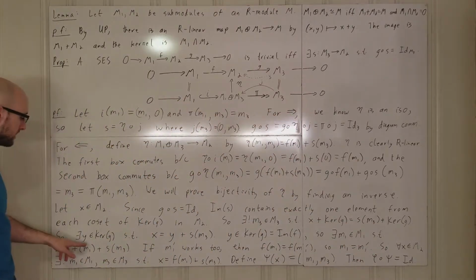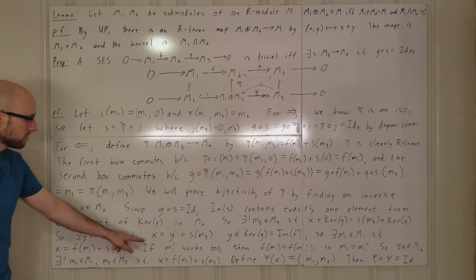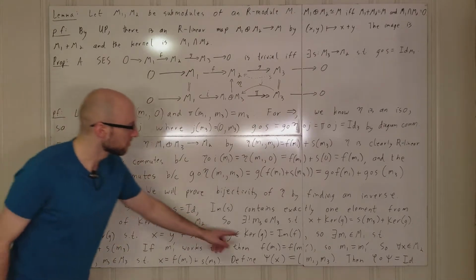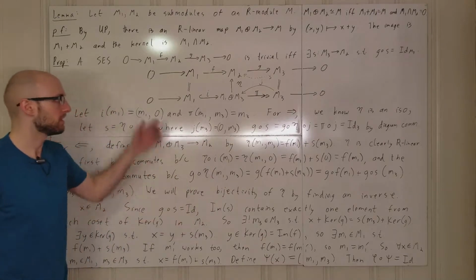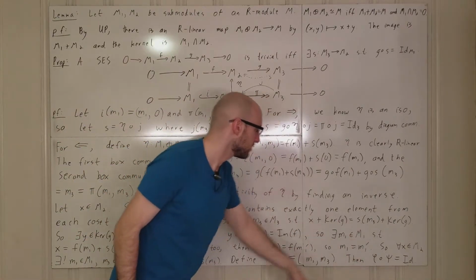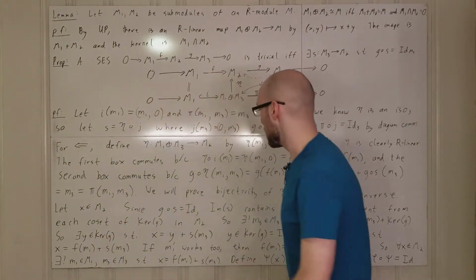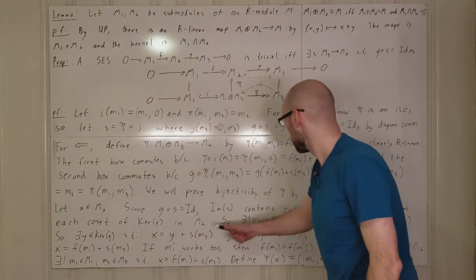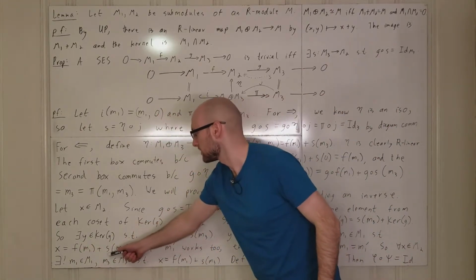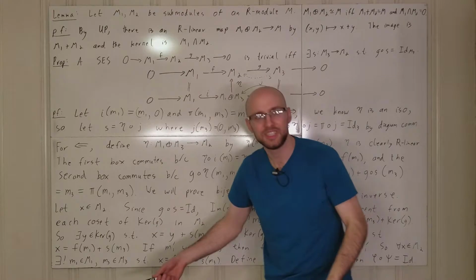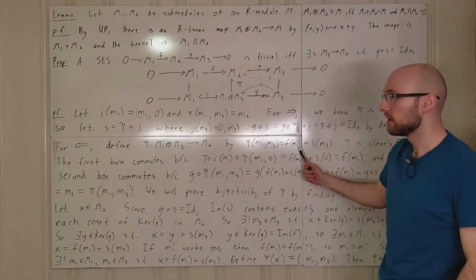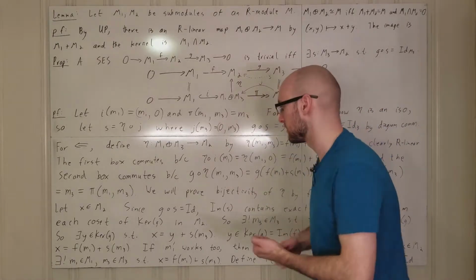I.e., there exists an element y in the kernel of g such that x is equal to y plus s of m3. But the kernel of g is equal to the image of f because this is a short exact sequence, and so there must be some m1 in capital M1 such that f of m1 is equal to y. And so then we have x is f of m1 plus s of m3. And so now maybe you see where we're going with this, because this looks exactly like what we had over here. And that's why we're doing this.